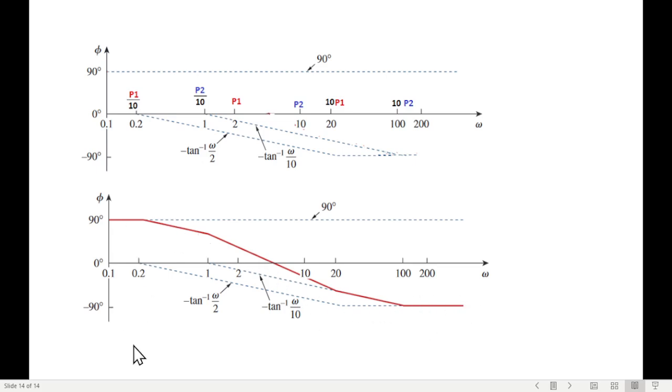And how do we get this? Let's see. At this point, see, we have 90-degree and we have nothing here. This is 0, so the main result will be 90-degree. Now next, where is it changing? Up to this point we have these two, so that means 90-degree and some angle going down.